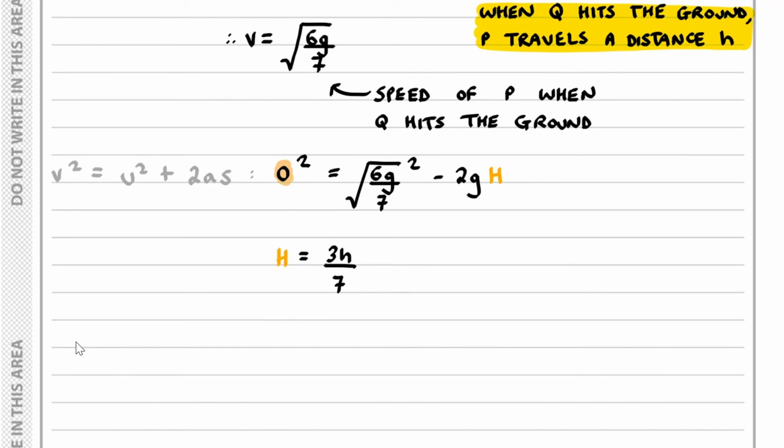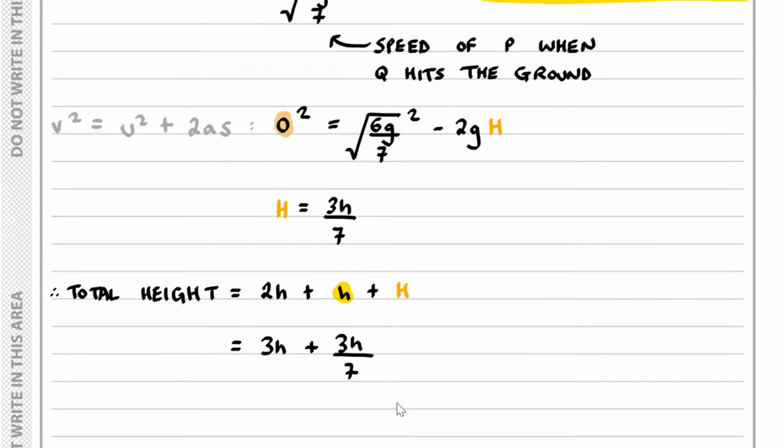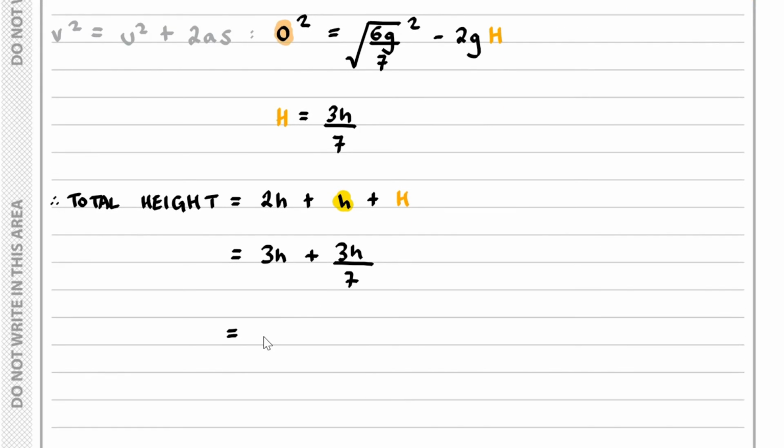And so therefore, we can conclude the total height is 2h plus this h, which we got from here, plus this H. So we've got 3h plus 3h over 7, which is 24h over 7 meters.